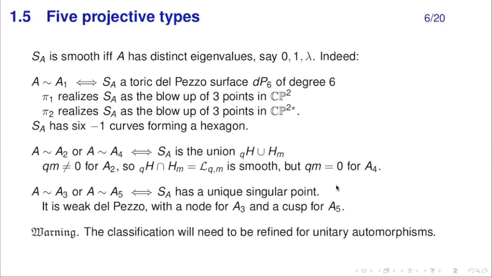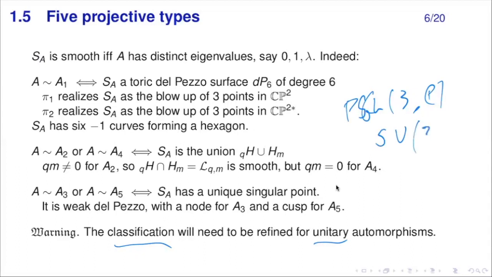But the other thing I would just want to emphasize is that this is a projective classification. Later on, we'll actually need a much finer classification under the unitary group. Rather than SL3C, which is what I'm talking about at the moment, or if you like, PGL3C, I want to reduce to SU3.